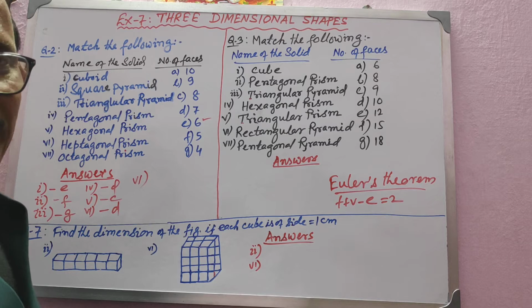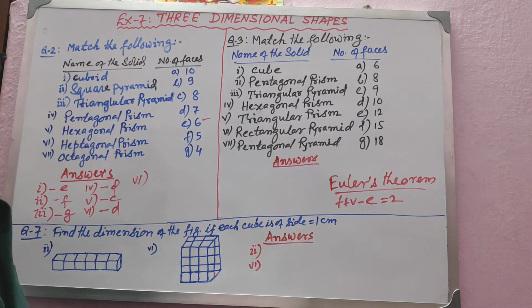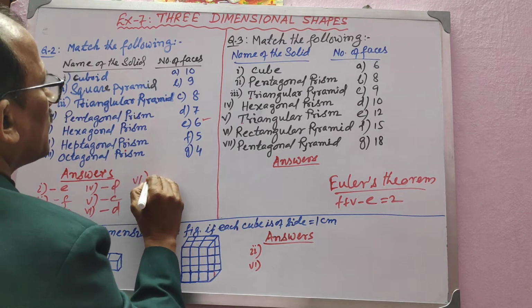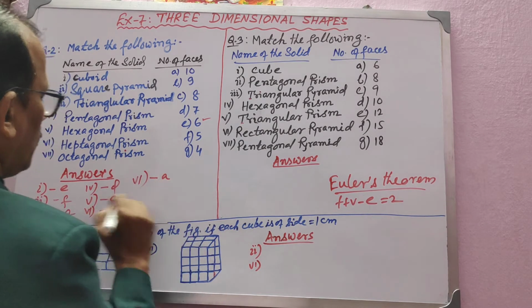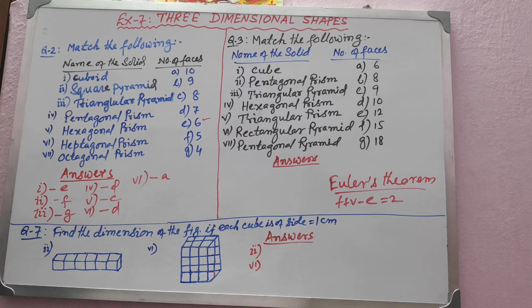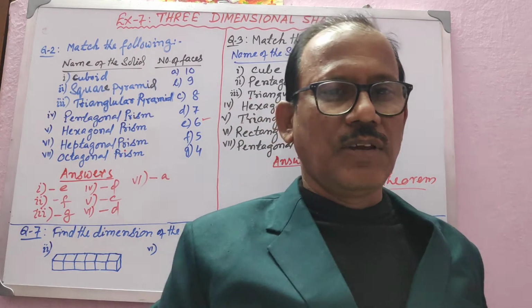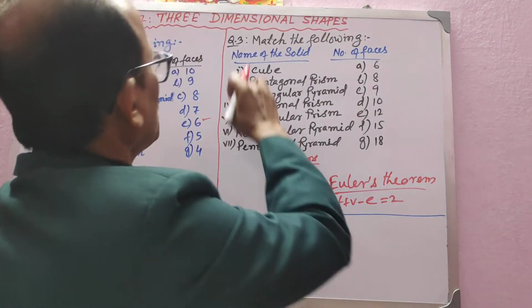An octagonal prism has 8 side faces and one top, one bottom, that is 10. So it will be matching with A. I hope you have understood this. If you have the concept about how many faces, how many edges, then you can easily solve it.